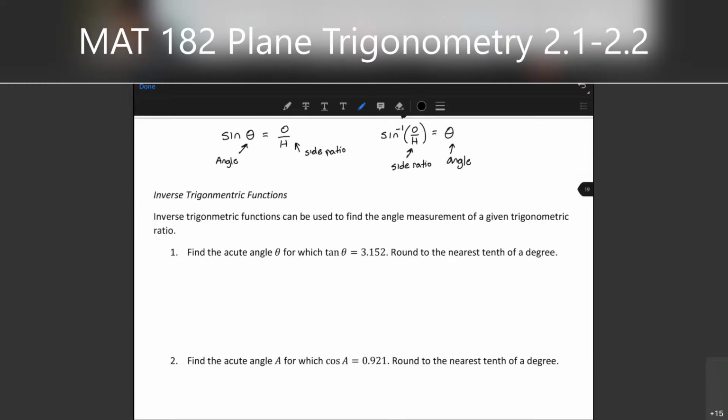We want to find the acute angle theta for tan theta equals 3.152. Remember, this is our angle, and this is our side ratio.